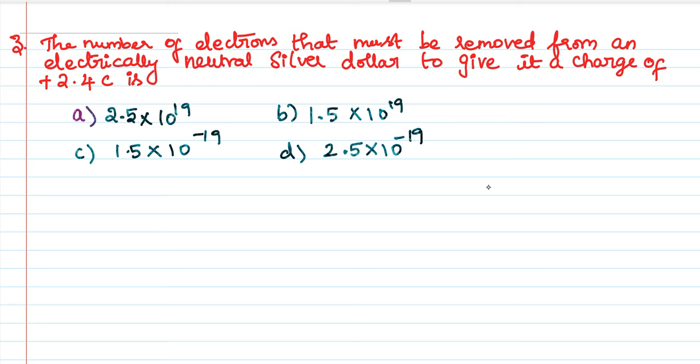The number of electrons that must be removed, okay, and then from an electrically neutral silver dollar. So you are understanding when you are reading. The time will get reduced. For that only I am teaching like this. To give it a charge of plus 2.4 coulomb.